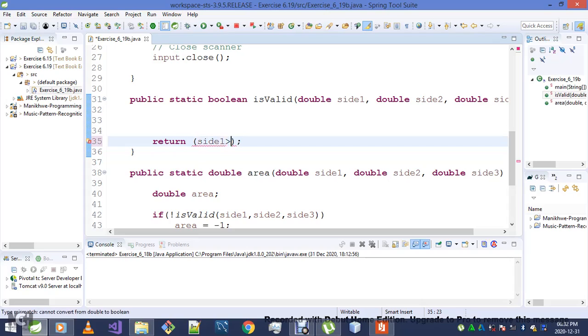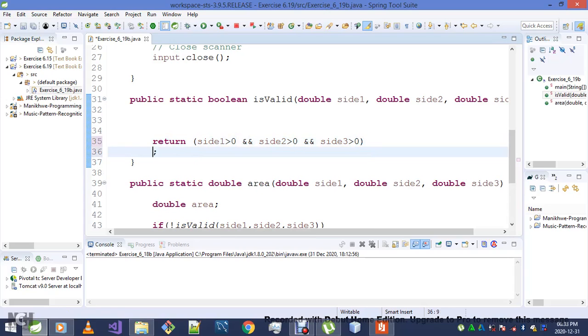So side 1 is greater than 0, and side 2 is greater than 0, and side 3 is greater than 0. Let me put another AND statement.